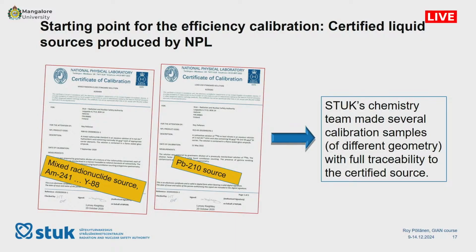Typical uncertainties in each nuclide are of the order of 2-3%, something like that. So, by using these certified sources, our chemistry team made several calibration samples of different geometry, which gives us full traceability to the certified sources.